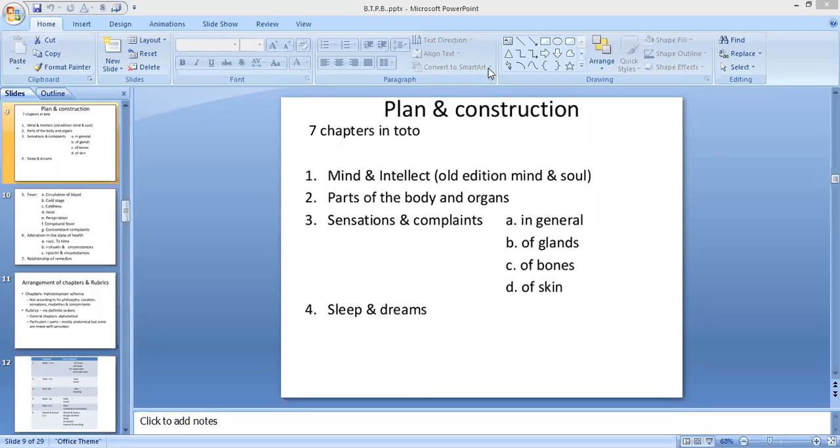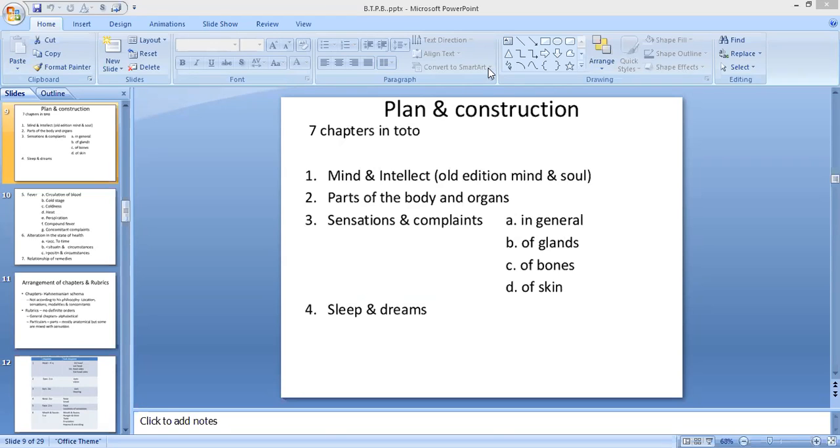In these chapters, Dr. Boenninghausen did not give much importance to mind. He was using the symptoms related to mind for final differentiation of medicine. So, in his repertory, in the first chapter, that is mind and intellect, we found very few rubrics.